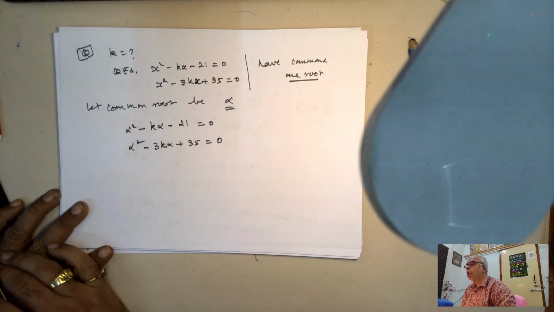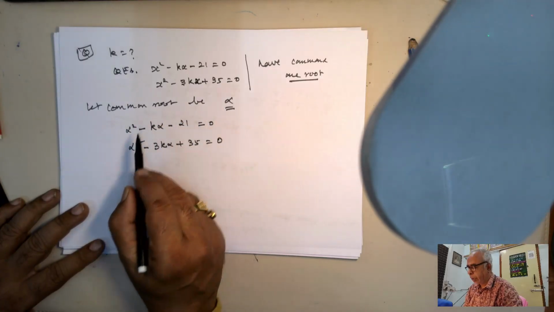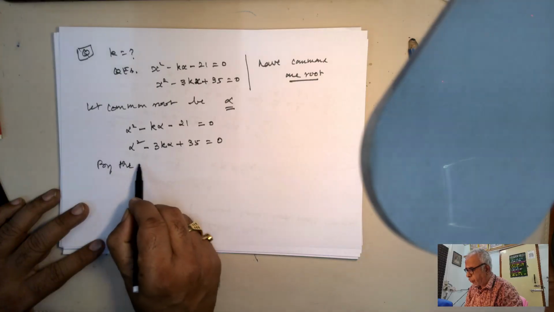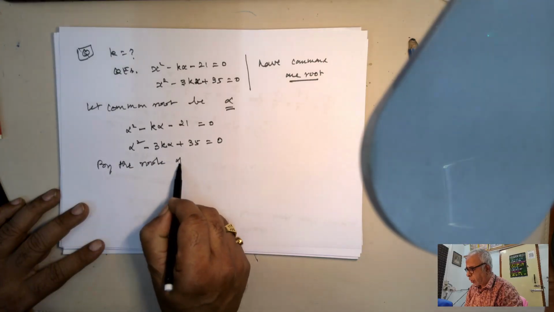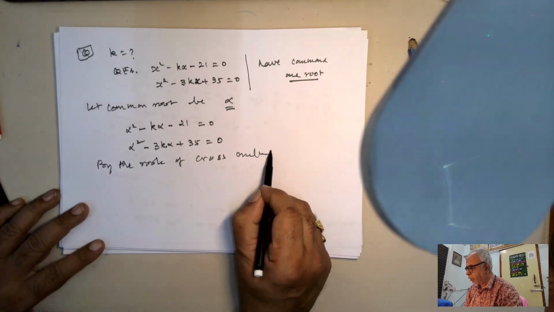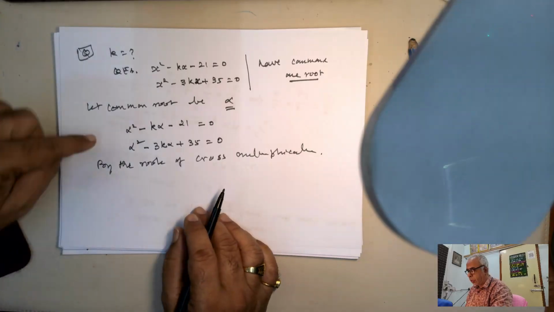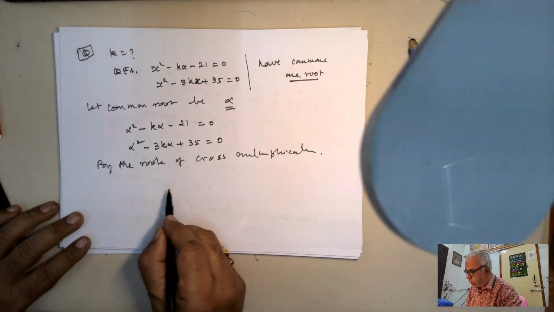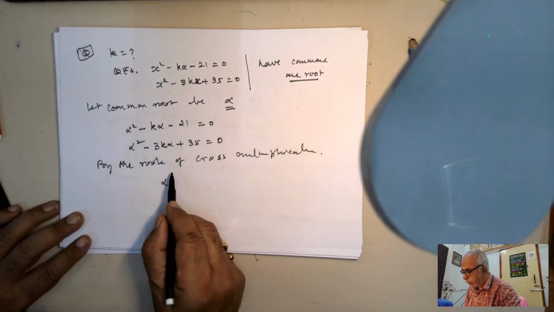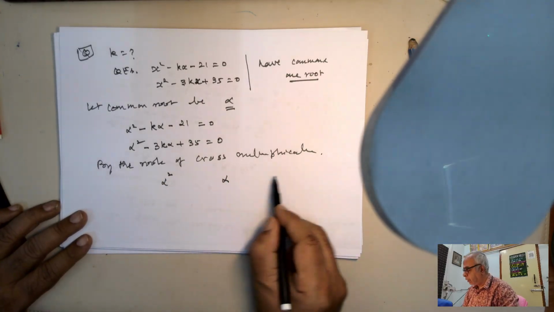Now we can apply the rule of cross multiplication. You've got alpha squared and alpha, so you put alpha squared, then alpha, then 1.